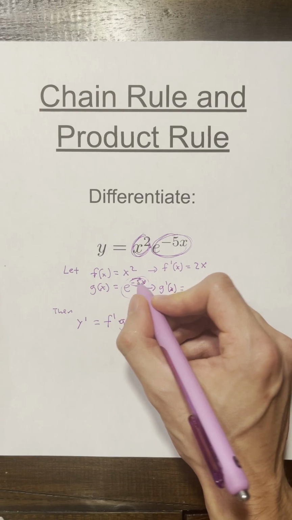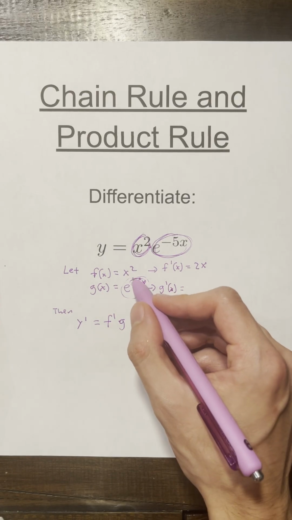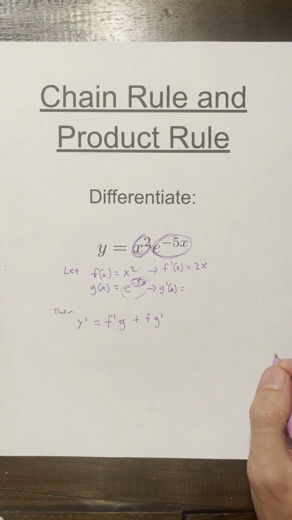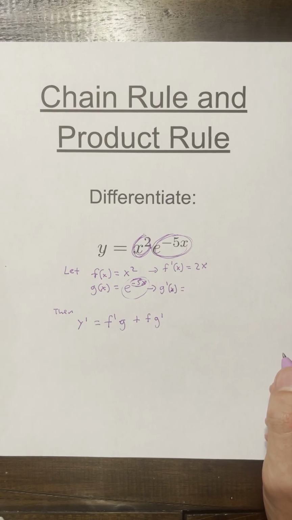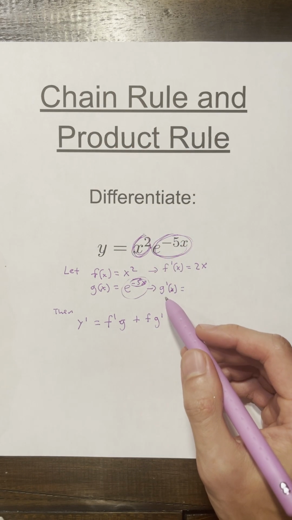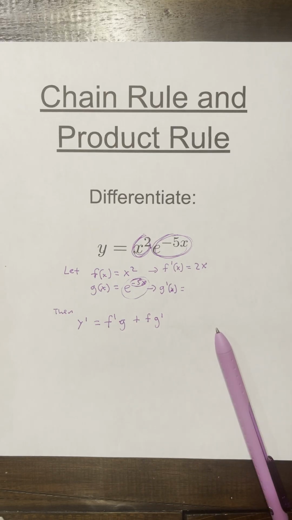It's inside the exponent. So if we see a function inside another function, what rule should we consider using? We should consider using chain rule. And I'll give you a second to pause the video and find g prime of x. If you need a refresher, I have a video on chain rule.